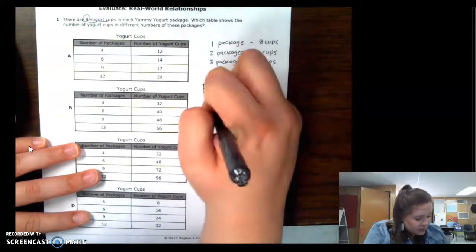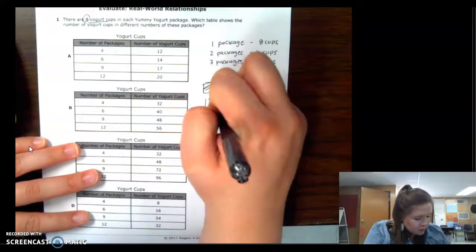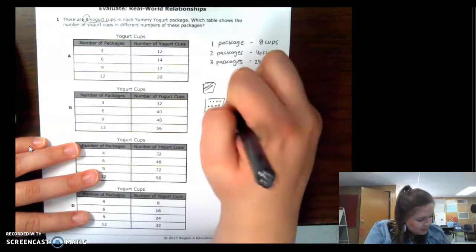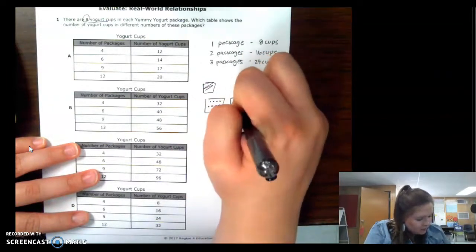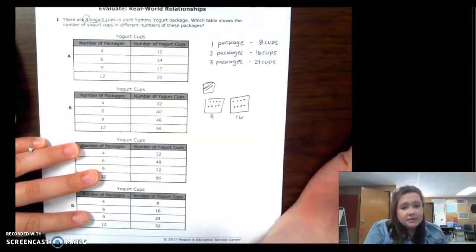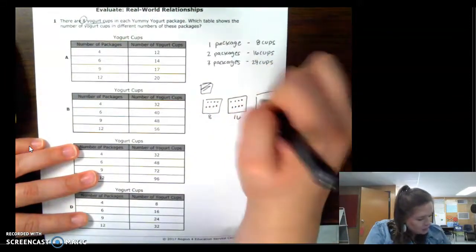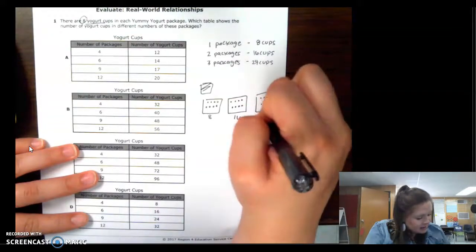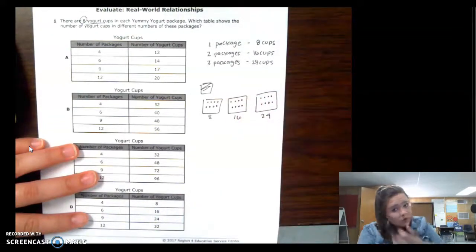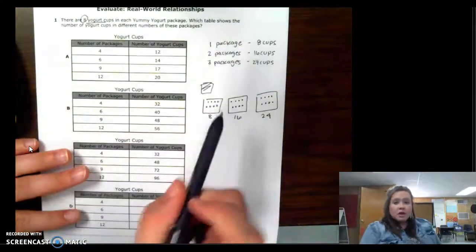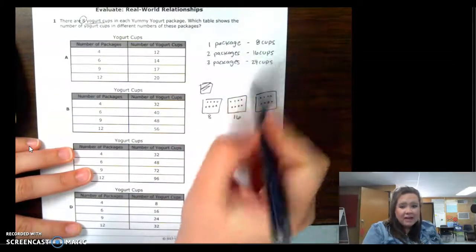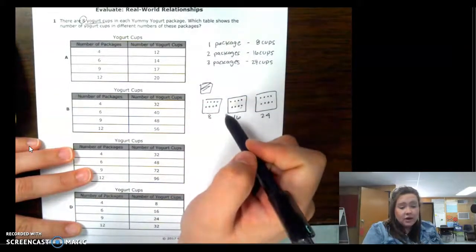One package has 8. 2 packages has 16. 3 packages has 24. All right? So this is what it would look like in your table. And then if you drew a picture, this is what it would look like, okay?